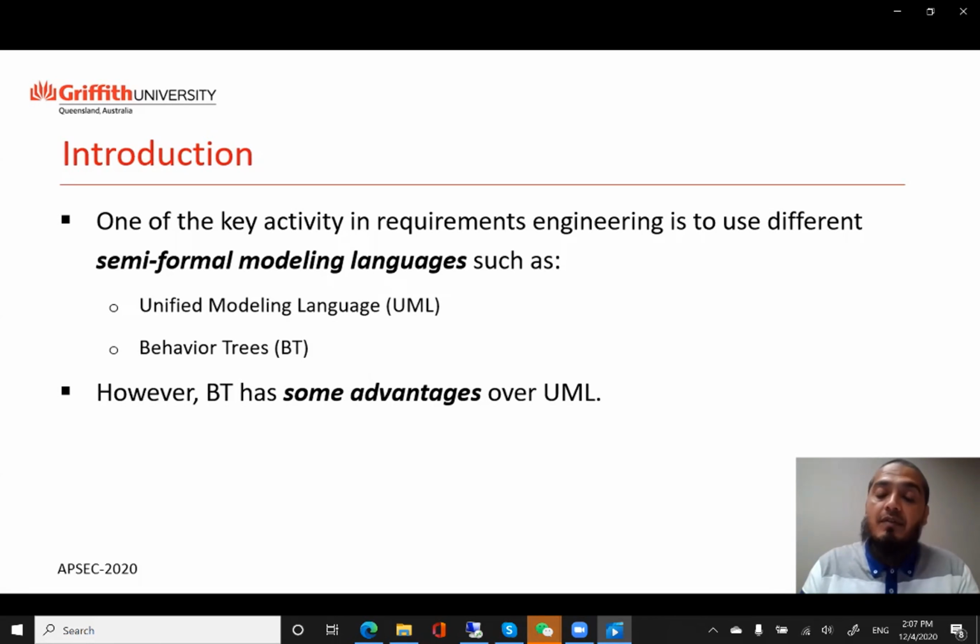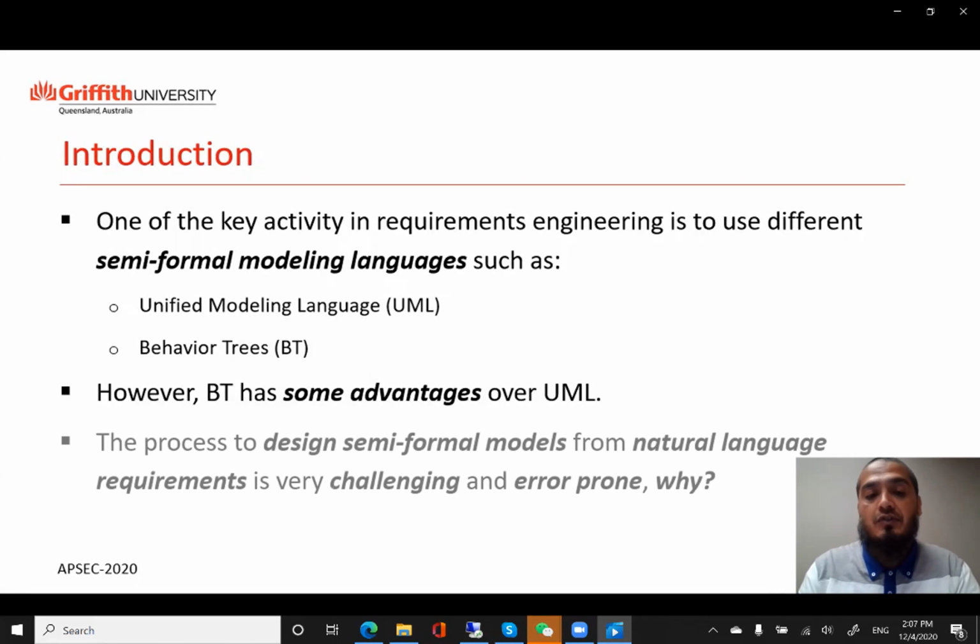But in the behavior tree, I will discuss the behavior tree cycle shortly, only the first diagram is drawn from natural language, and all the subsequent diagrams are drawn from previously designed diagrams. In this way, the problem of natural languages is somehow minimized in the behavior tree process as compared to UML.